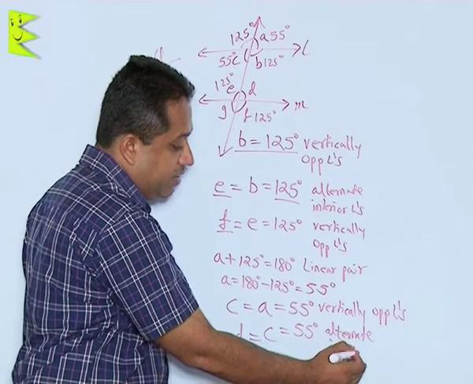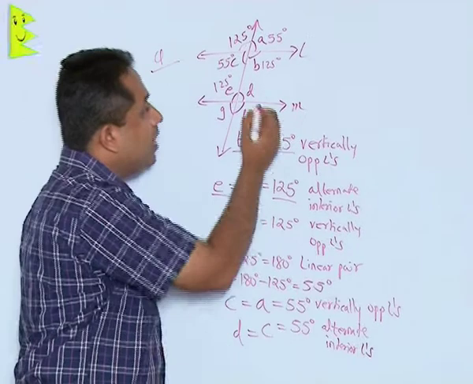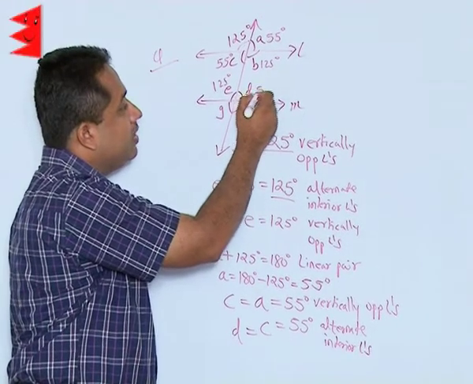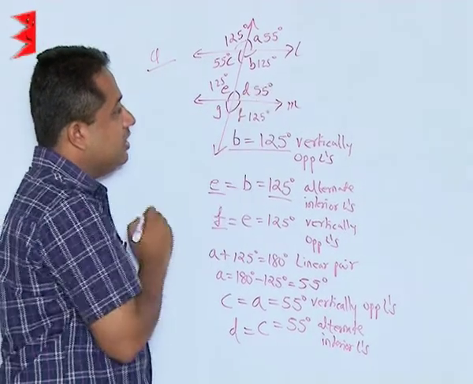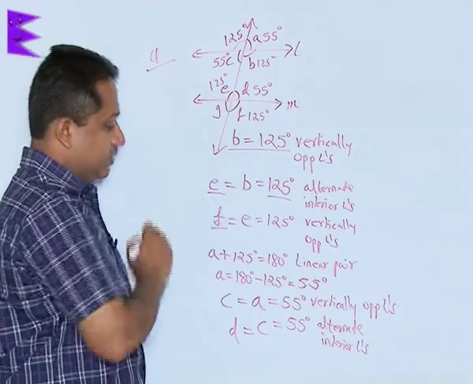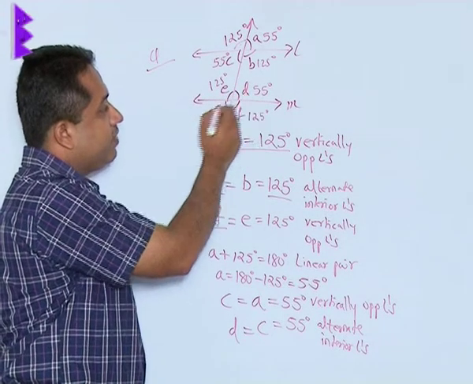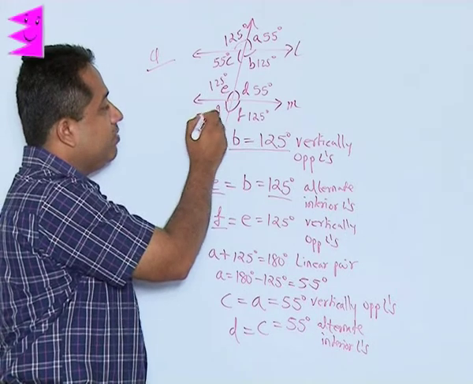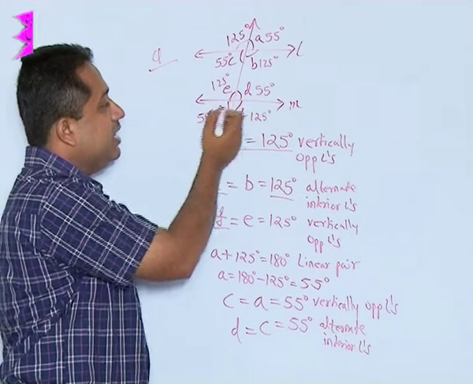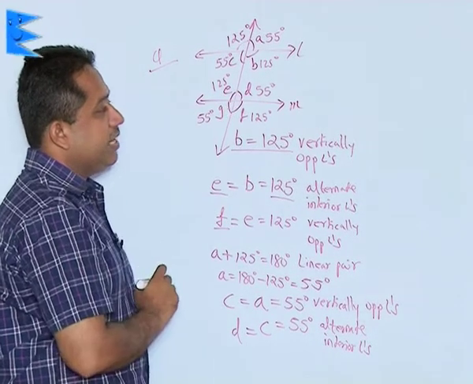and then finally we have one unknown angle, and what is that unknown angle? That unknown angle is G, and here from the figure it is very clear that if D is 55, G will also be 55 degrees because D and G are forming vertically opposite angles.